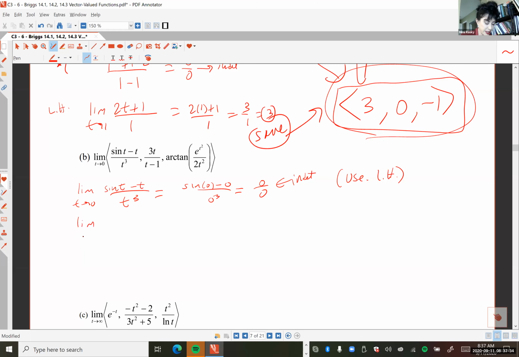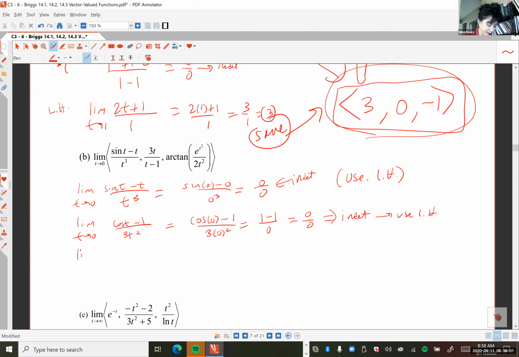So you're still going to take a limit as t goes to 0, but you take the derivative of the numerator and divide that by the derivative of the denominator. Then use direct substitution. So cos 0 minus 1 all over 3 times 0 squared. Well, cos of 0 is 1, and then we get 1 minus 1 on the numerator, and then we get 0 over 0, which is indeterminate. So now what? Use L'Hopital's.